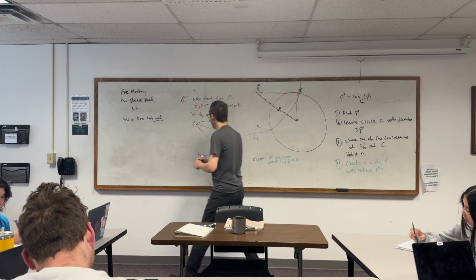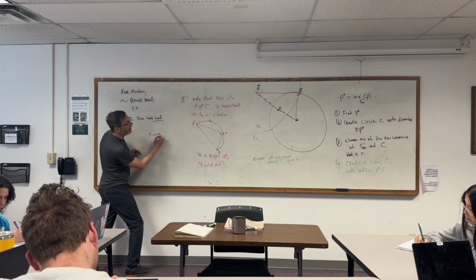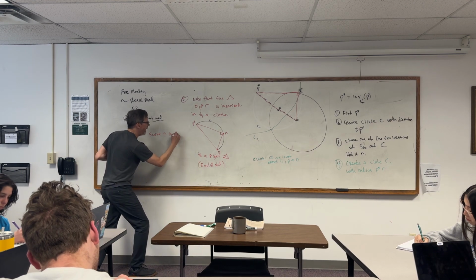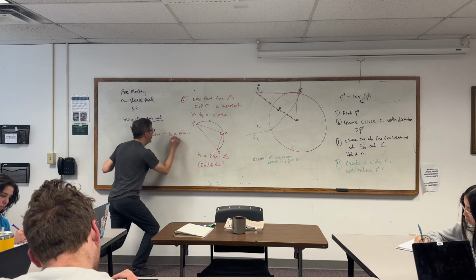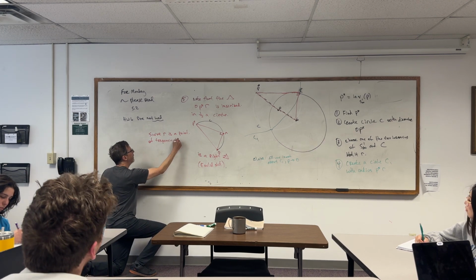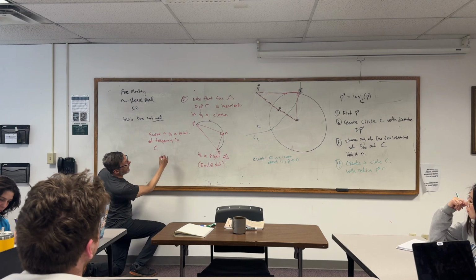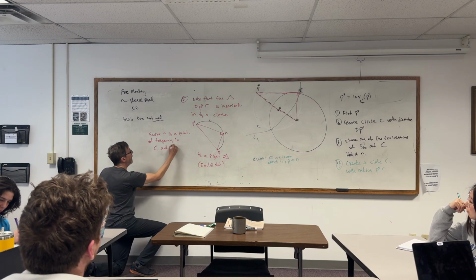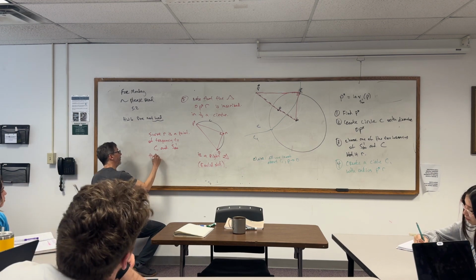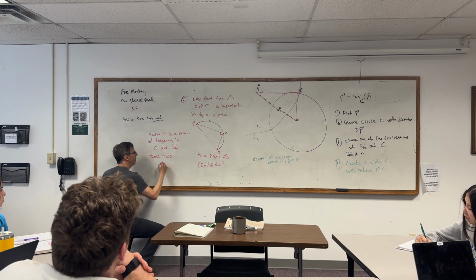So let me write that up. Since R is a point of tangency to C and S1 infinity, those two circles are orthogonal.